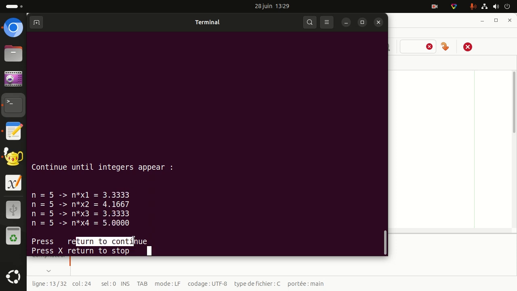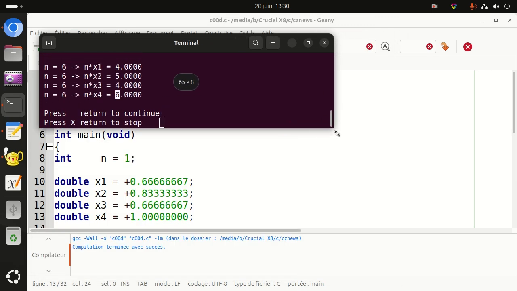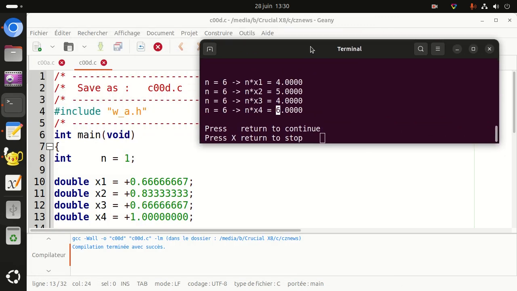So I press return to continue. Continue until integer appear. And now you have integer 4, 5, 4, 6. This is the coefficient of my chemical equation.